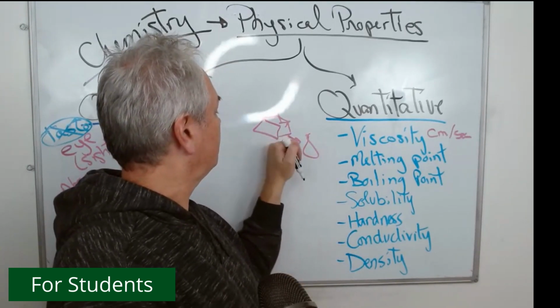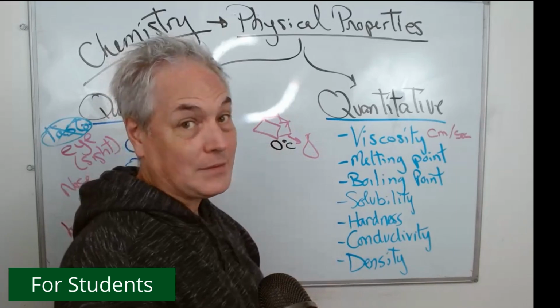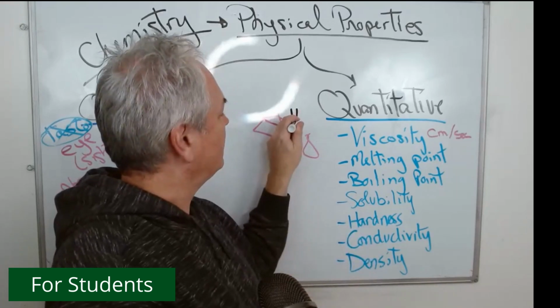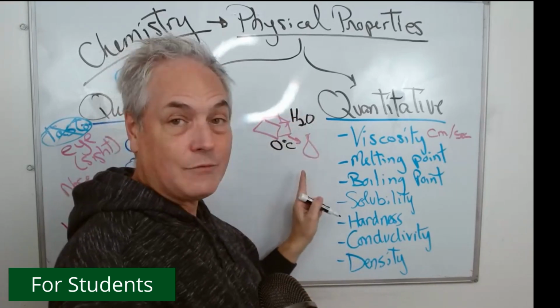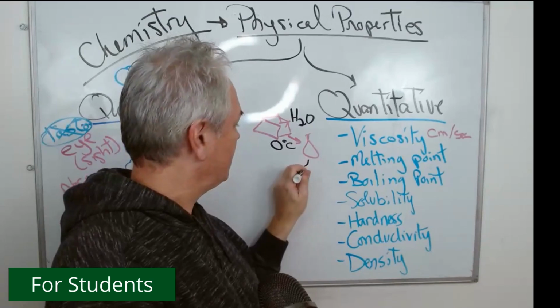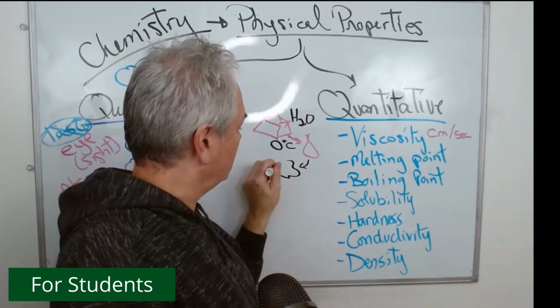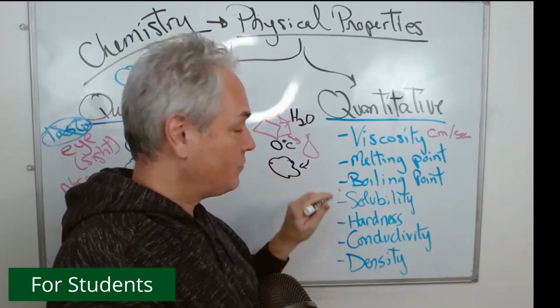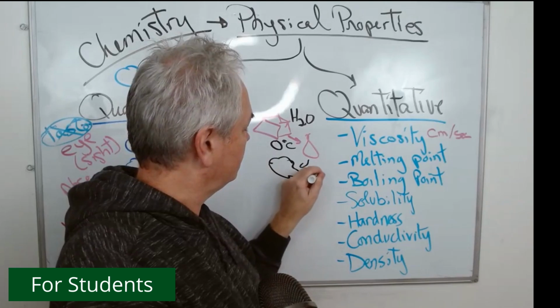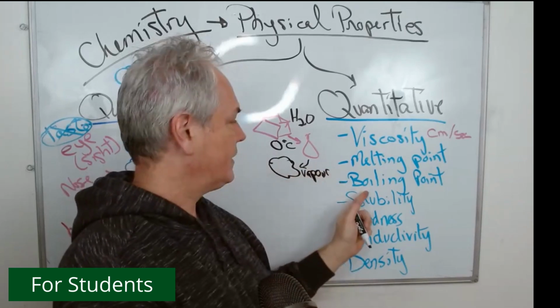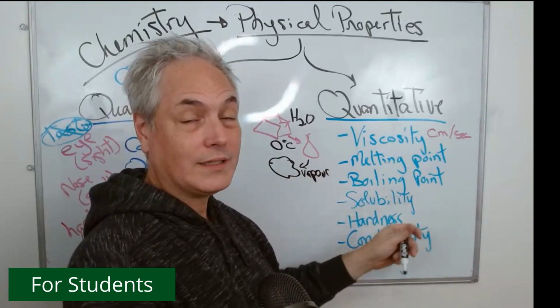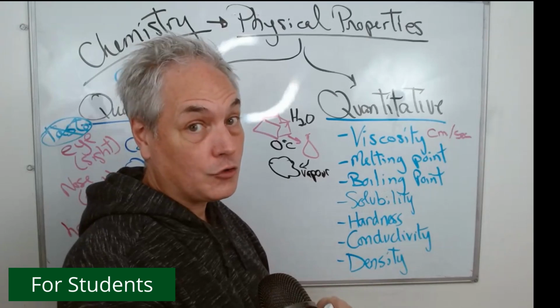Actually, it happens at 0 degrees for water. If you have here water and the water becomes vapor, what will happen here is we have a boiling point, and this is happening at 100 degrees Celsius.